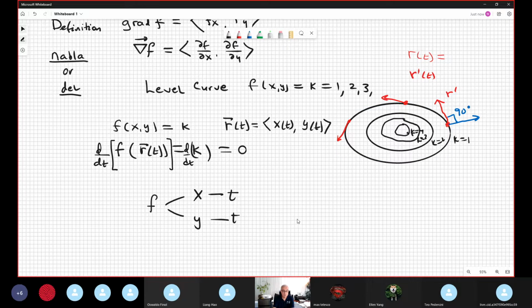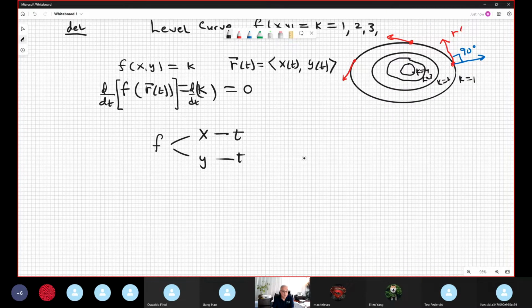The formula says: partial derivative of f with respect to x times the derivative of x with respect to t, plus, going along the other path, partial derivative of f with respect to y times dy dt. Notice that this is a partial derivative because it depends on two variables, and this is an ordinary derivative because it depends on only one. So you organize this equation, and this equation is equal to 0. Don't forget this.